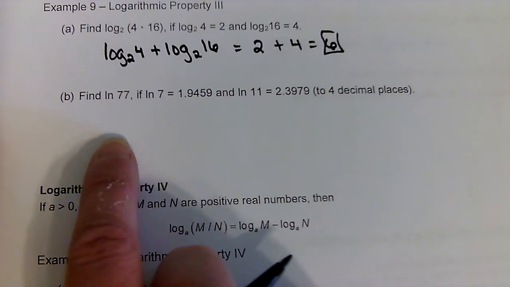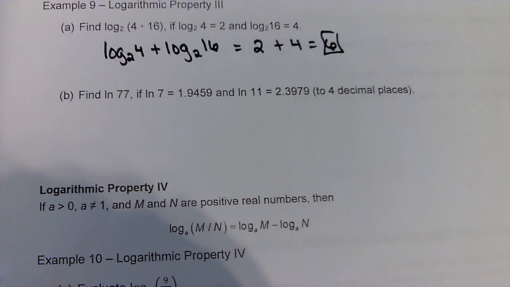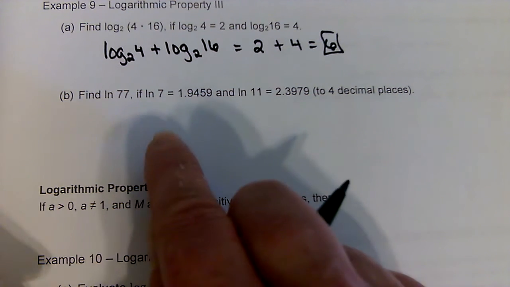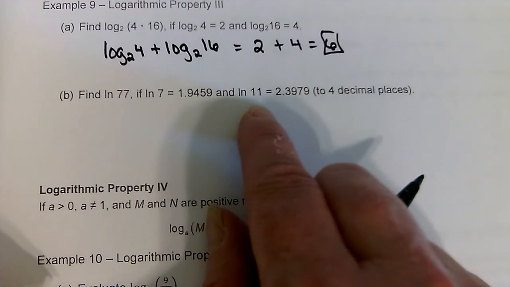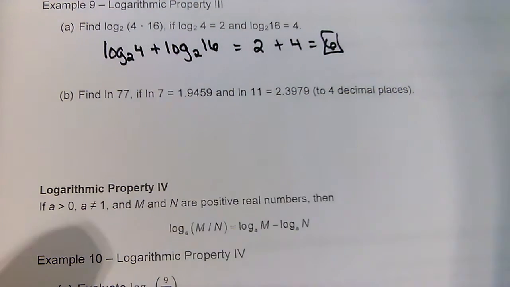So here, the natural log of 77. Well, I wouldn't know that off the top of my head, but what if somebody told me that the natural log of 7 was this and the natural log of 11 is this?